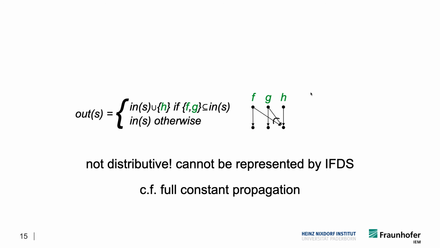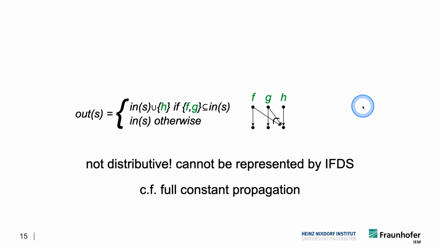So in full constant propagation, we sometimes have an equation such as A equals B plus C. And then in order to determine a precise value for A, we must also know the precise value for B and C, right? And so that's a non-distributive problem. That does not fit the framework like I showed you here.